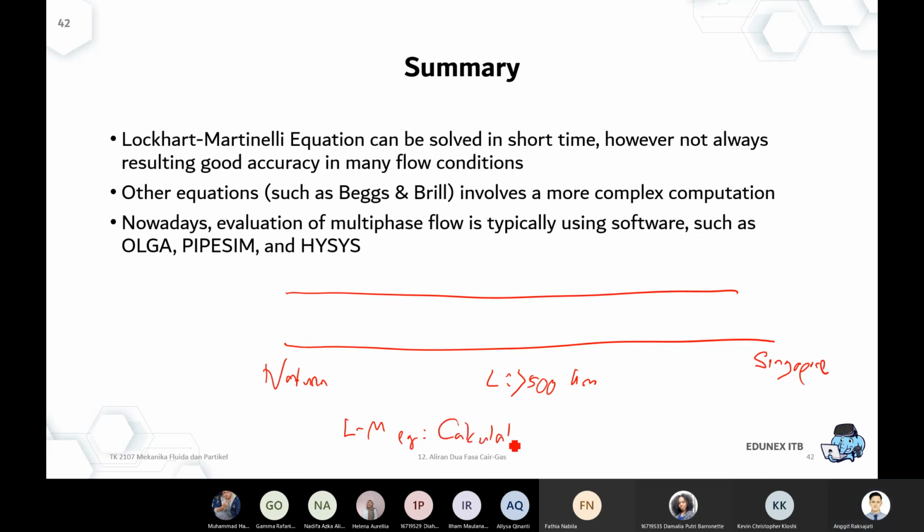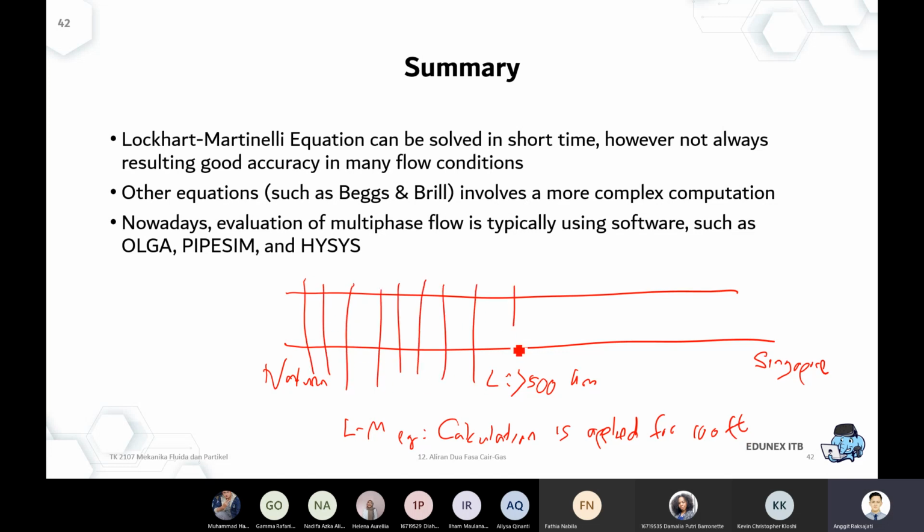And you realize that in the Lockhart-Martinelli equation, the calculation is applied for every 100 feet. That means you will partition this pipeline into every 100 feet until you reach the end of your destination.